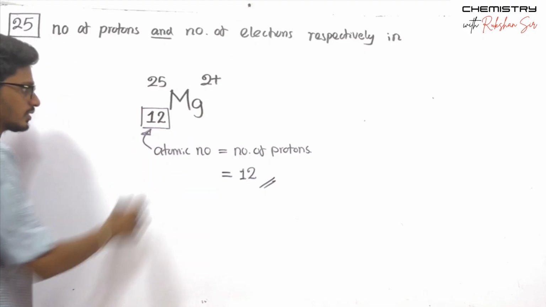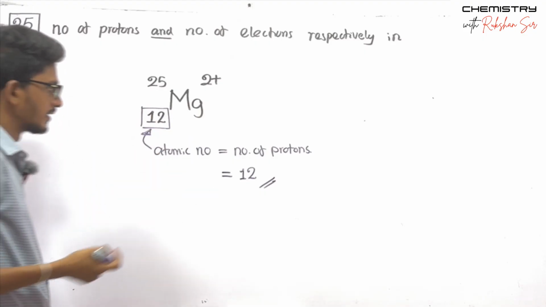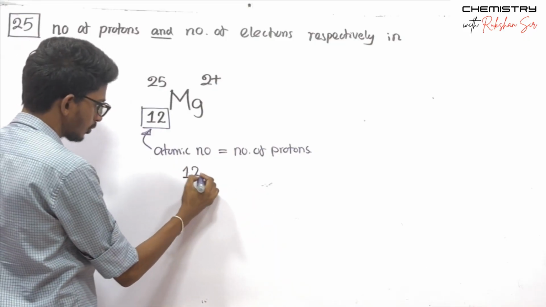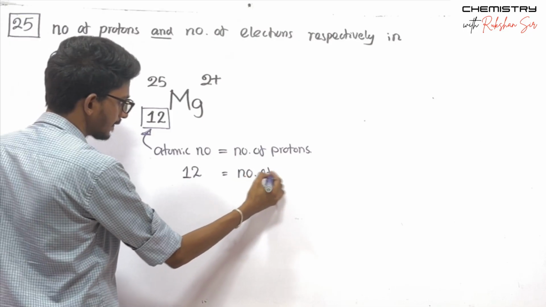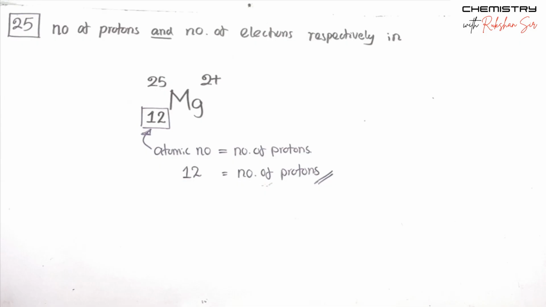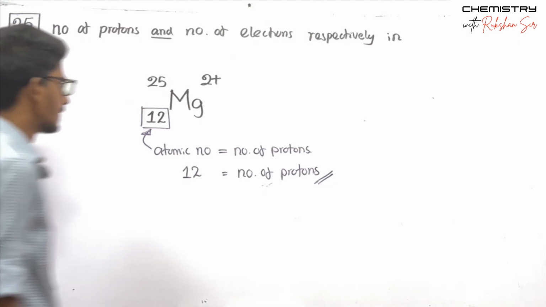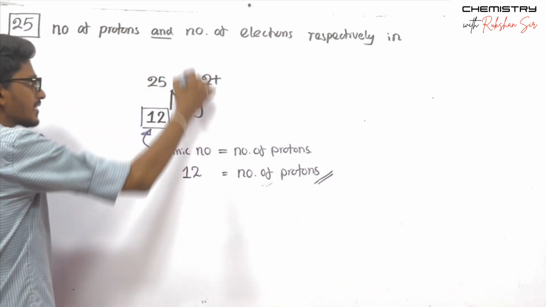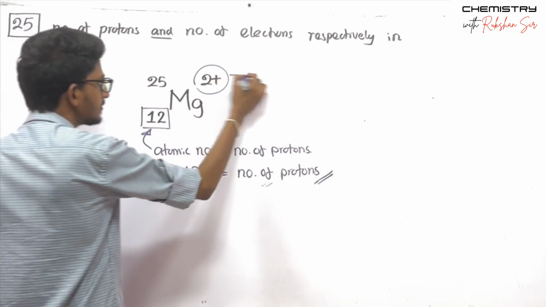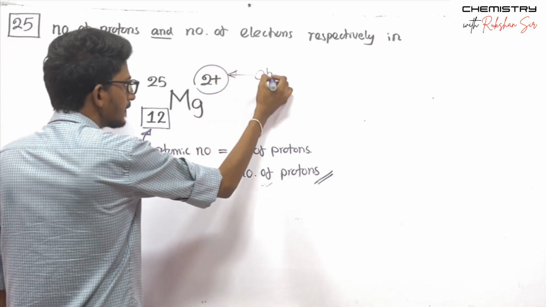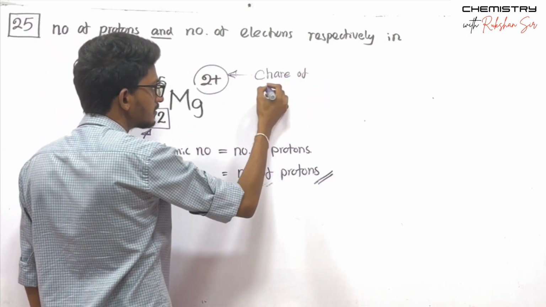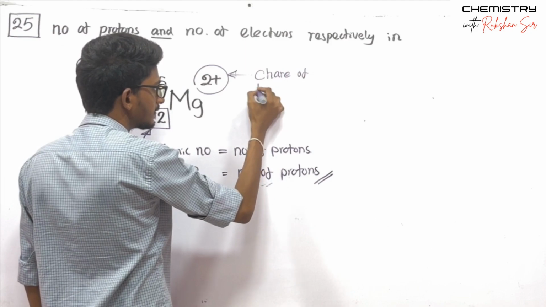It is 12, so the number of protons in the atom is equal to 12. That is done. Now this is a charge, the charge of the ion.